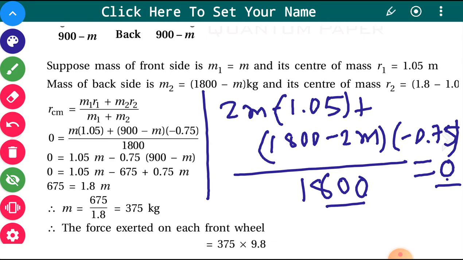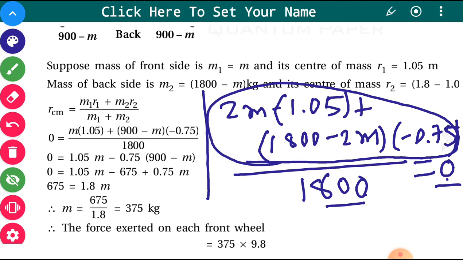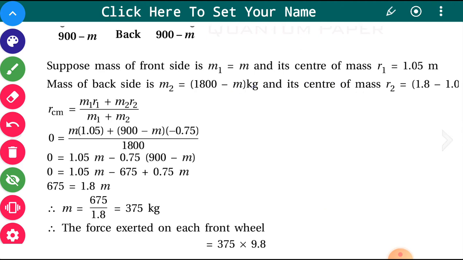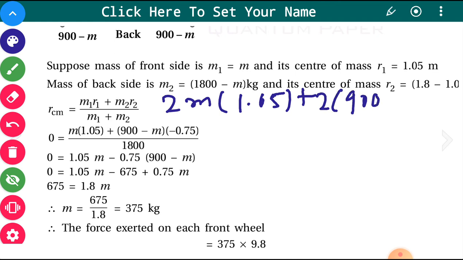So now you will only have the numerator. That can be written as 2m into 1.05, plus 1800 minus 2m, which has 2 common, so 2 into (900 minus m) into minus 0.75, equal to 0, and this 2 will go into the denominator of 0.